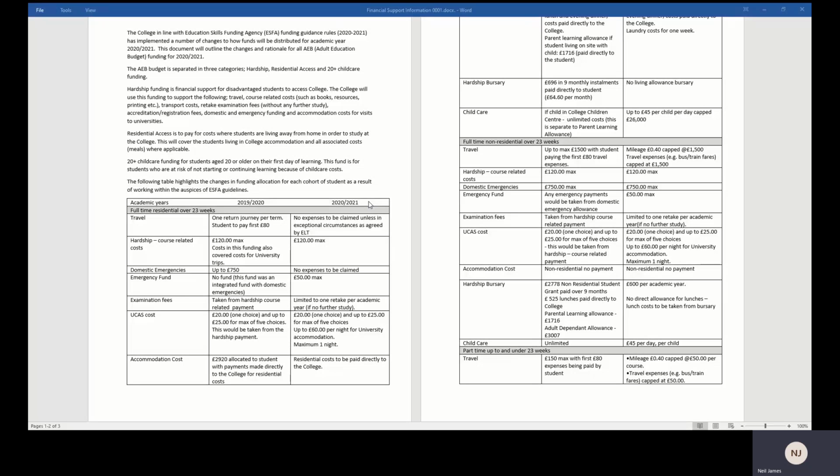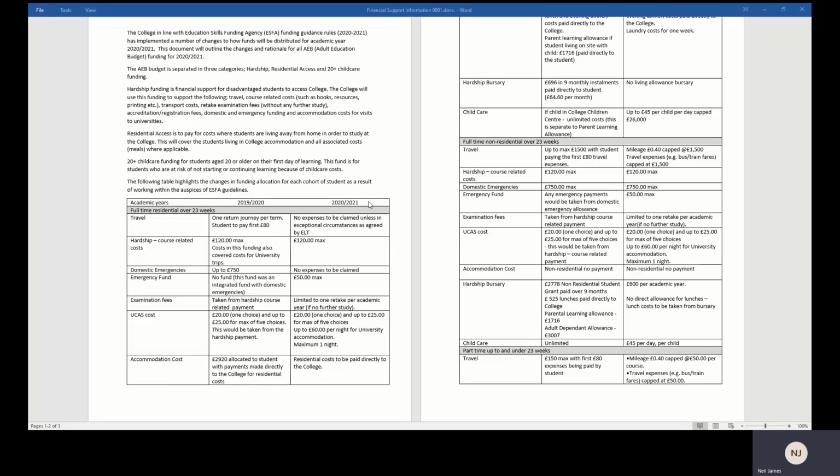Funding is attendance based, so students will be expected to attend, and we've got a minimum attendance expectation of 100%. So payments will not be made unless students attend and they are attending for 100%.